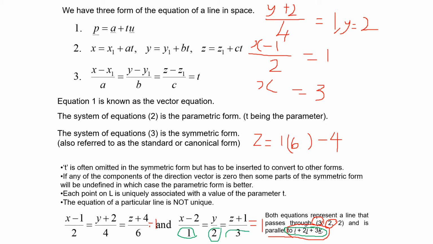These denominators can be simplified to achieve the vector value because it's a direction vector, and if you simplify it, it still represents the same direction. So 2, 4, 6, if you divide each by 2, you get 1, 2, and 3. So both lines go through the same point (3, 2, 2) and have the same parallel vector, 1i plus 2j plus 3k.